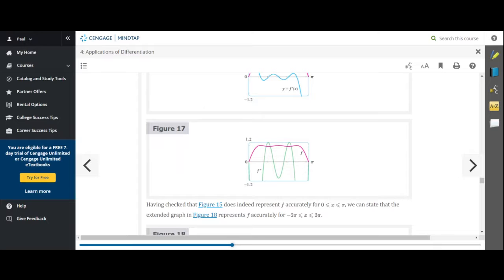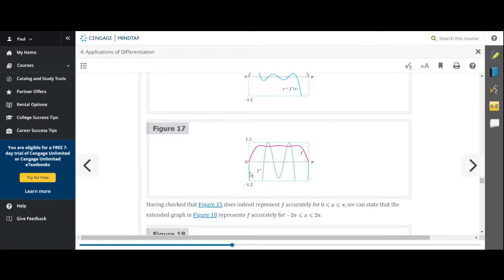That's where the second derivative is 0. And I'm seeing 5 places on this graph where it does that. 1, 2, 3, 4. Well, the origin is also an inflection point, but I'm seeing 5 places where it does that.